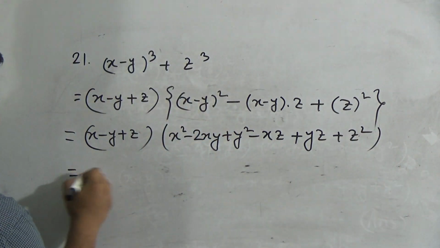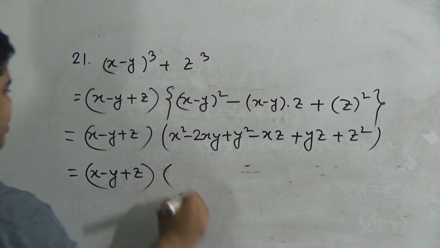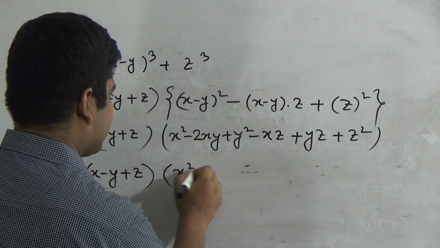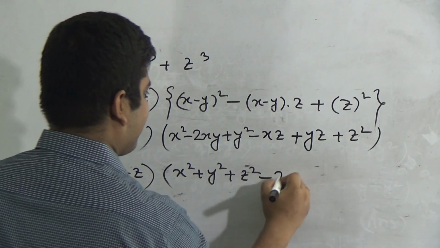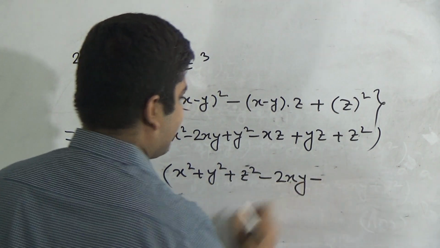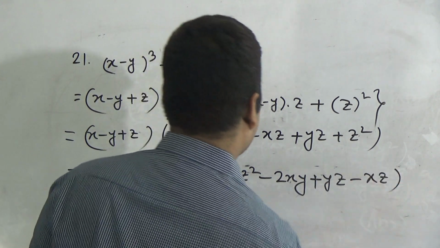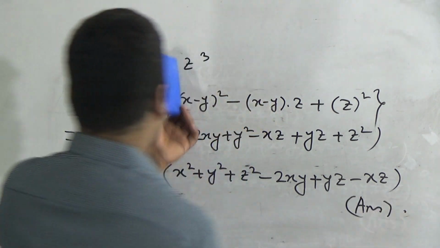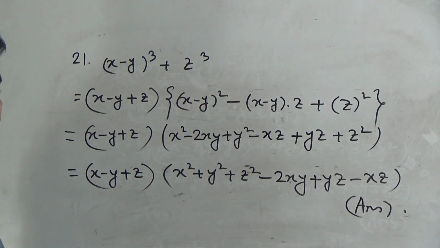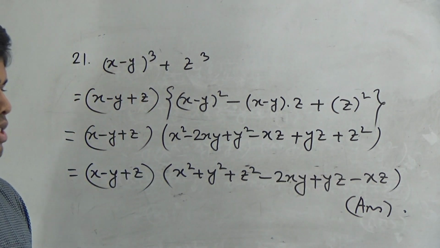In the next line we arrange: x square plus y square plus z square, then minus 2xy plus yz minus xz. This is the factors of the given expression. As our solution is done, we must write the answer. So question 21 is done.